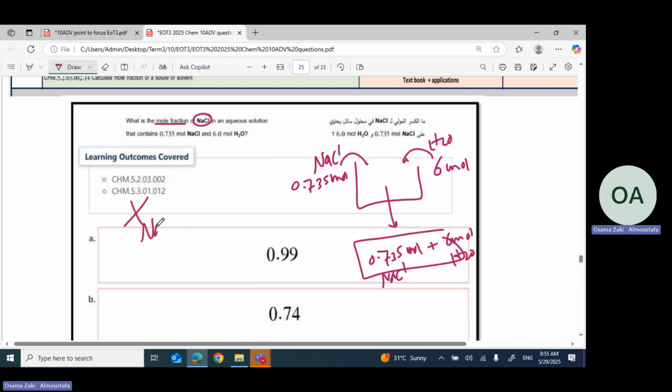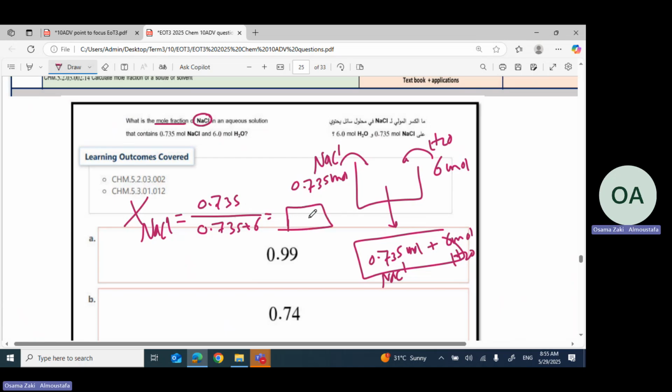Okay, so how to find the mole fraction of NaCl? Mole fraction of NaCl equals the moles of NaCl, which is 0.735, over the total. So we add here the moles of NaCl over the total, 0.735 plus 6 equals, you can get the answer.